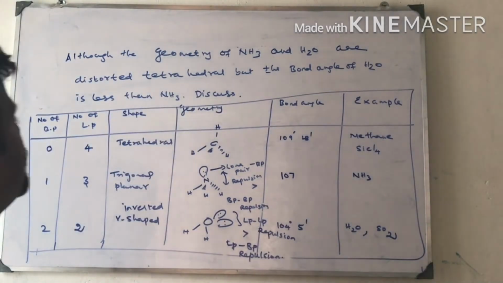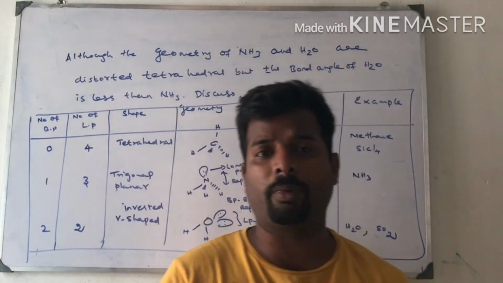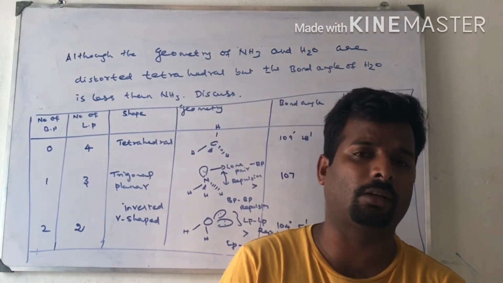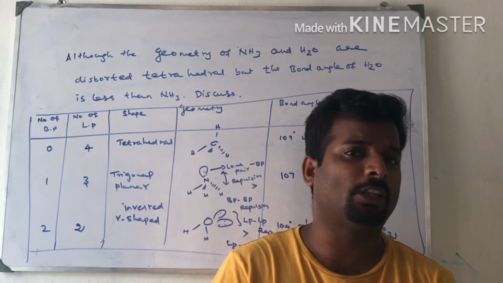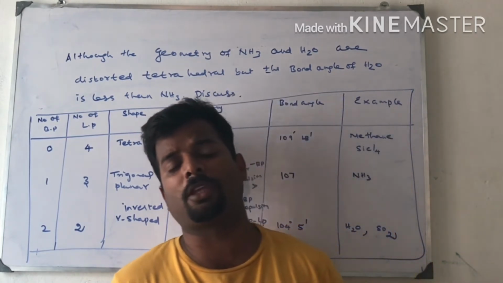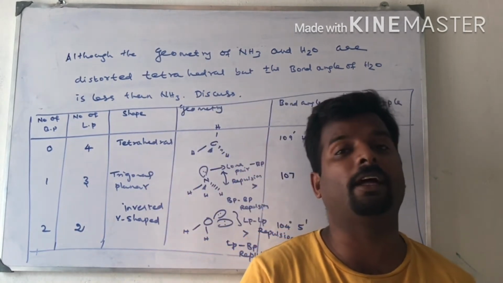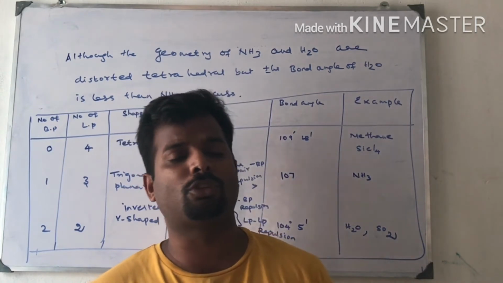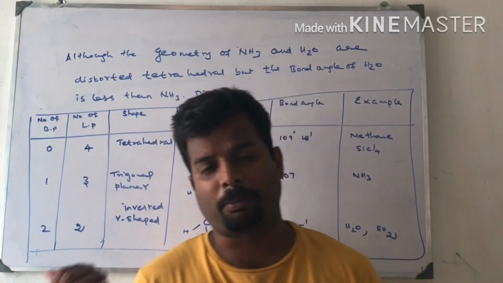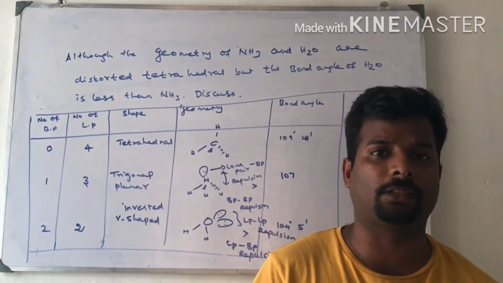This diagram is the explanation for this question. Whenever a lone pair of electrons is present in the central atom along with the bond pair, there is a regular change in the geometry of the particular molecule. This is due to the fact that lone pair, bond pair repulsion is stronger when compared to the bond pair repulsion.